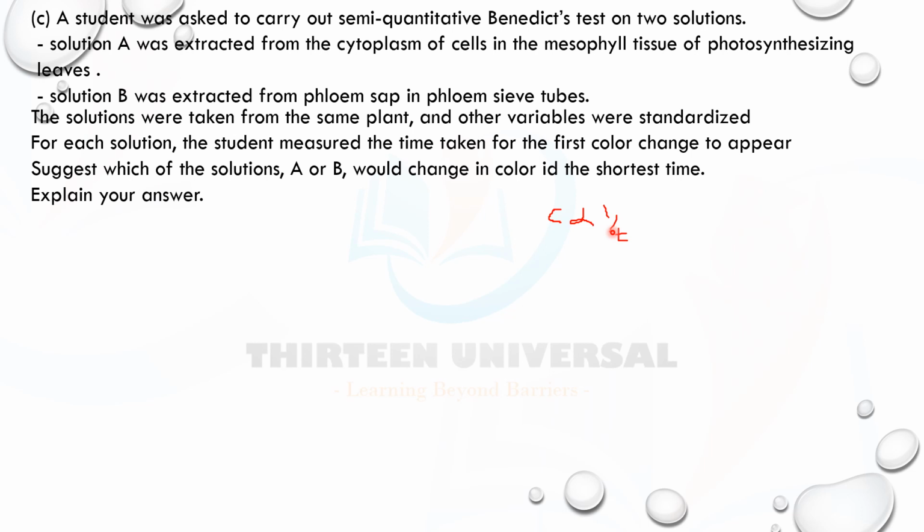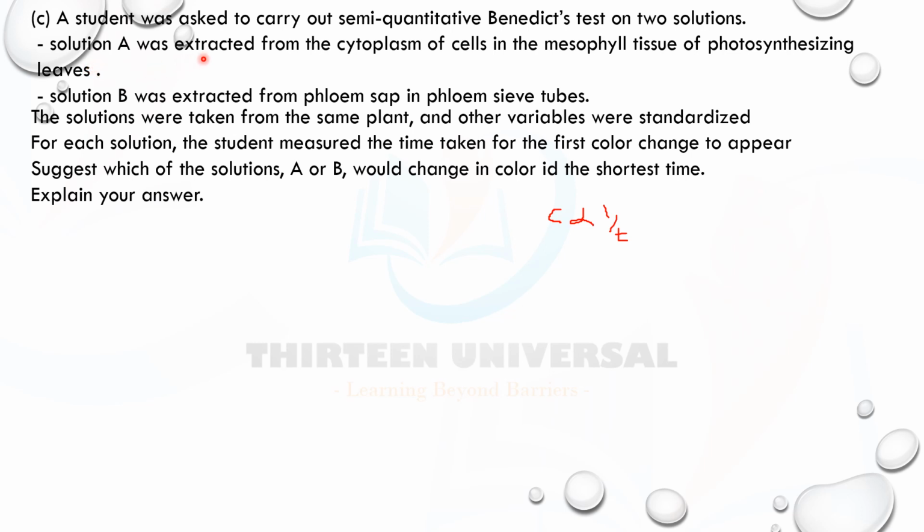Somebody can say it should be solution B. Why? Because solution B does not contain only sucrose, it contains other reducing sugars too. Solution A is less, because in photosynthesizing leaves, once glucose is made, it's converted to starch.